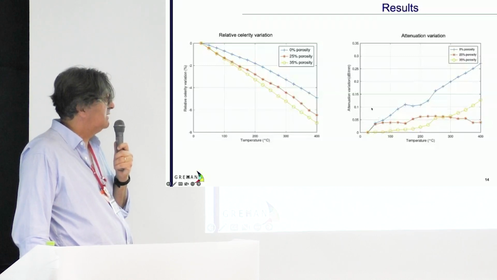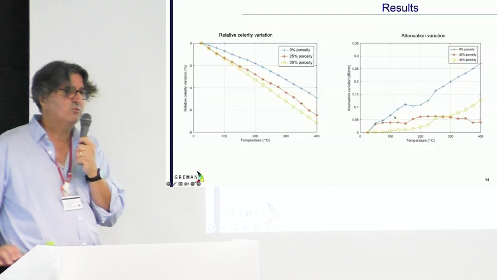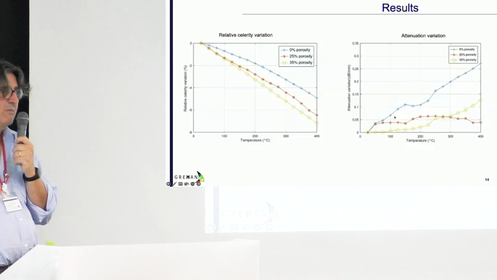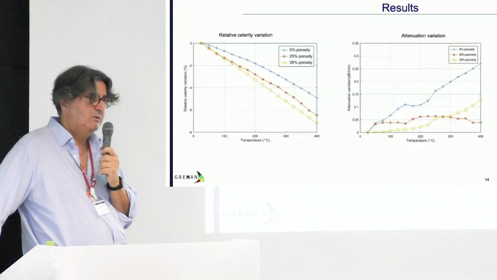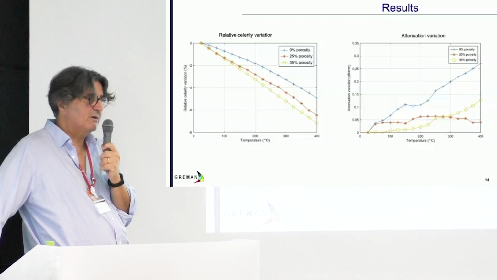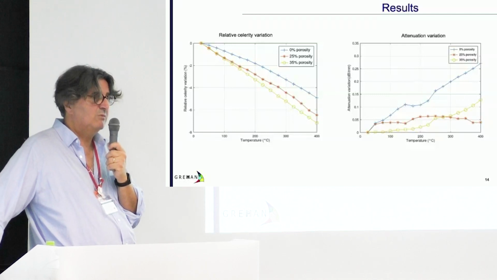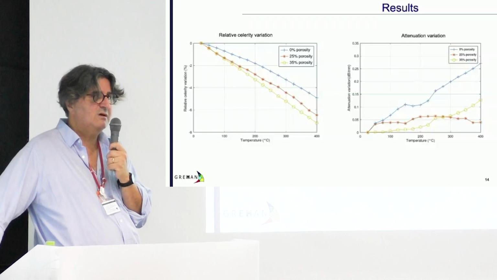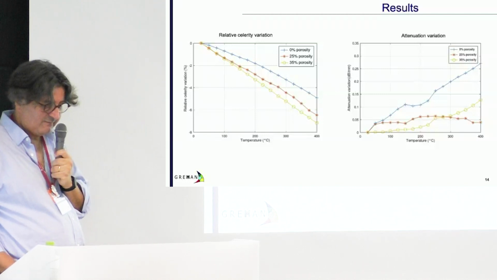And at least if you look at the values of the attenuation variation, it is 0.1 dB, which is very low, which means that in fact, the attenuation into the porous metal doesn't depend on the temperature. So we can simulate transducers at room temperature with the attenuation that we have measured at room temperature. That is the conclusion that we can have.